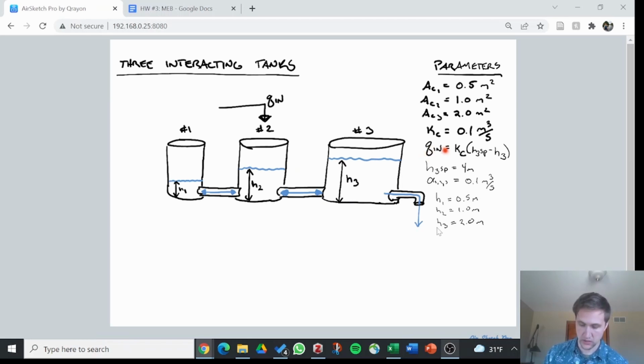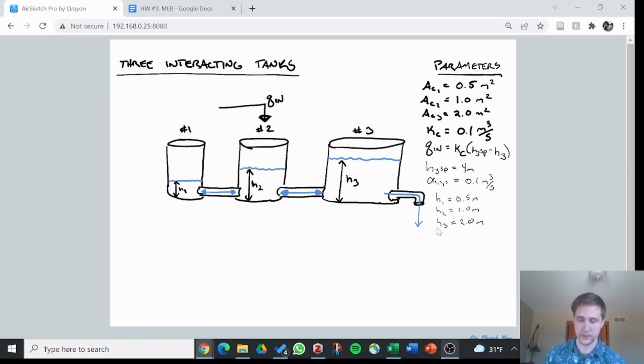Then our flow rate coming in, which is going to be flowing into tank 2 here, is going to be our proportional control, and we're going to use tank 3 to give a set point, minus the actual fluid height at any point in tank 3, multiplied by the proportional control.